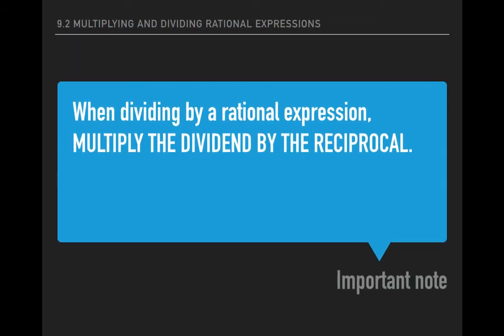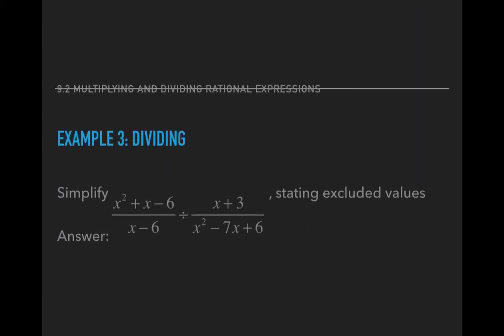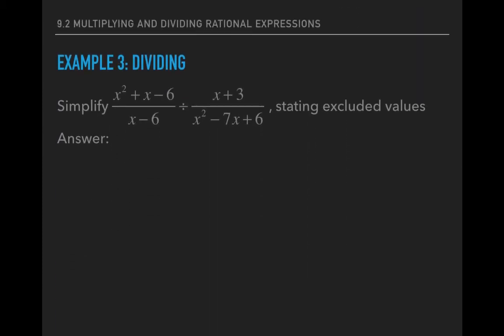All right, now dividing. Just like with fractions, when dividing by a rational expression, you'll multiply the dividend by the reciprocal. Instead of division, you will multiply by the reciprocal. Let's do an example of this together.